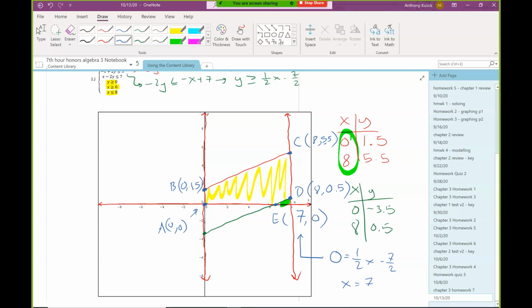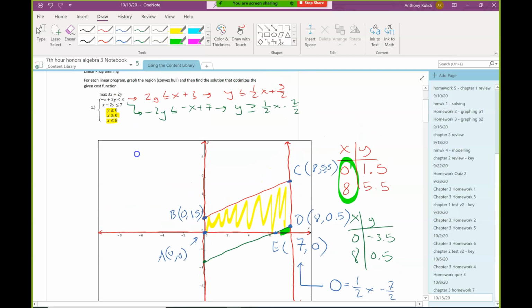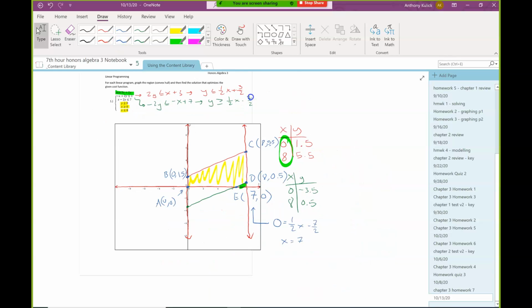So now we have our 5 vertices. What I'm going to do now is take those and plug them into the cost function and see which one gives us, since it's a maximization problem, the biggest cost. Okay with that plan?